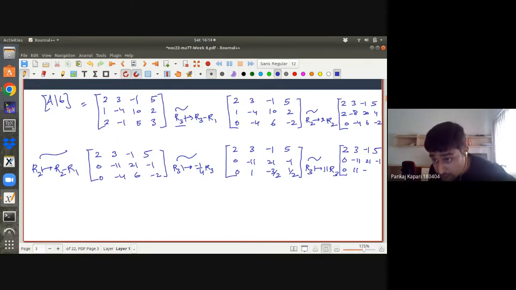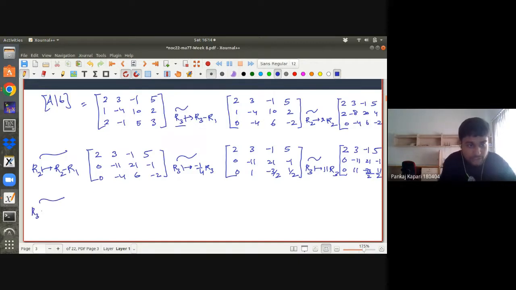So this is 33/2, and then 11/2. Okay. Now we will add the second row to the third row. So again, R3 we change to R3 plus R2.